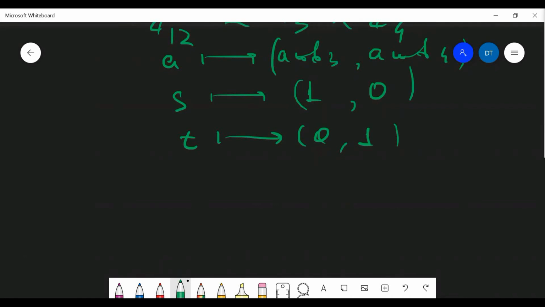S is an element which gives you 1 modulo 3 and 0 modulo 4. You may take 4 here: modulo 3 it's 1 and modulo 4 it's 0. And what would you do in the other case? Let's take 9, because modulo 3 it's 0 and modulo 4 it's 1. And as you can see, the sequence 0, 0 corresponds to 0 and the sequence 1, 1 corresponds to 1.